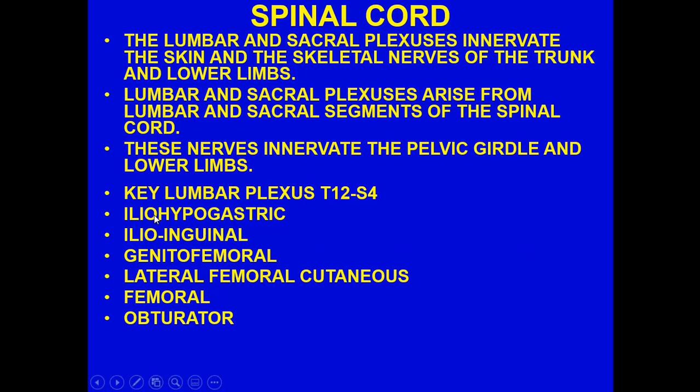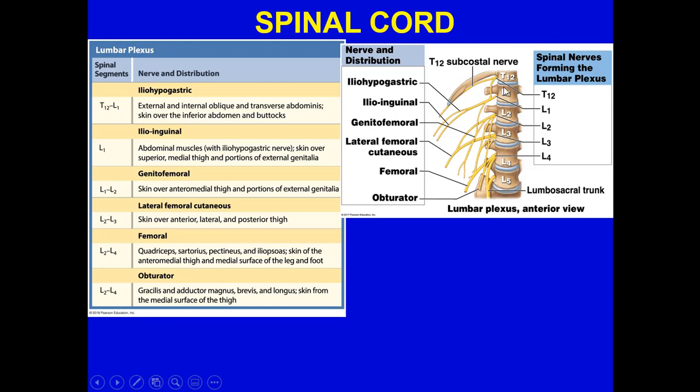This is where you're going to have to know the iliohypogastric, the ilioinguinal, the genitofemoral, the lateral femoral cutaneous, the femoral, and the obturator. And you can see how these branches come together, separate out, and what you have is basically this T12 subcostal nerve.